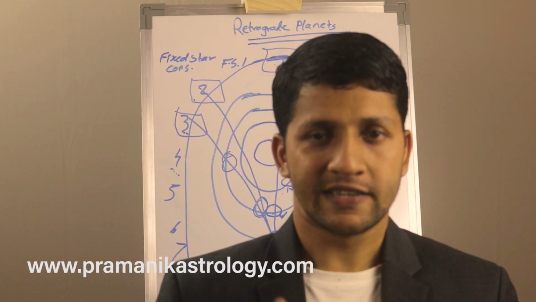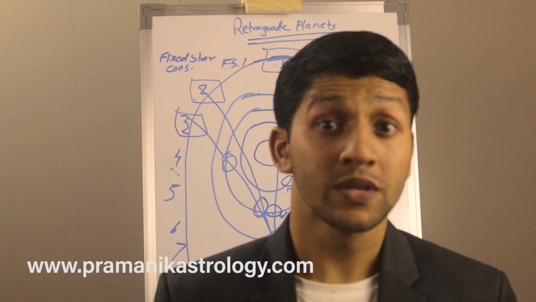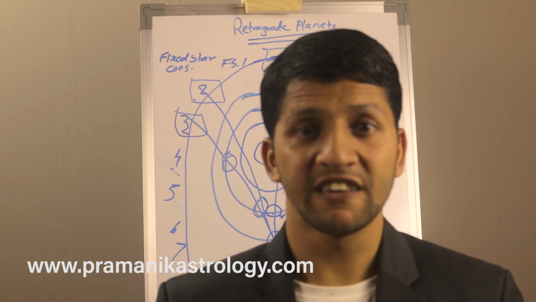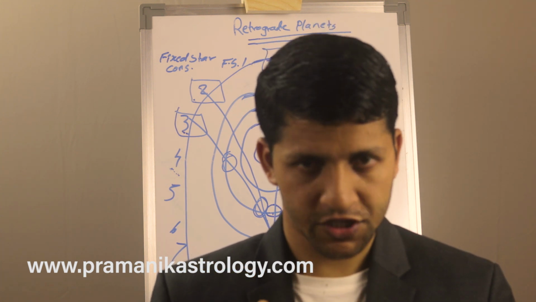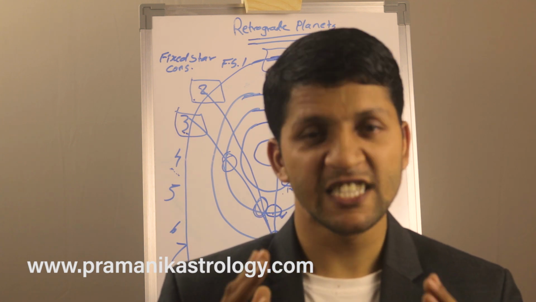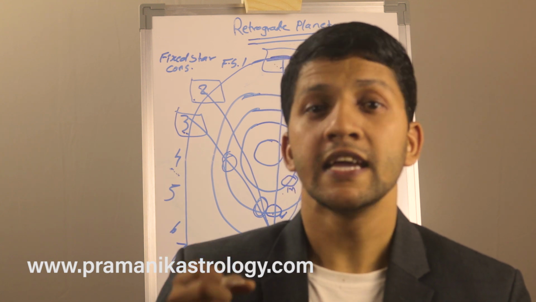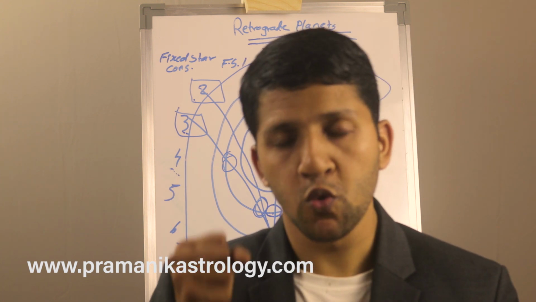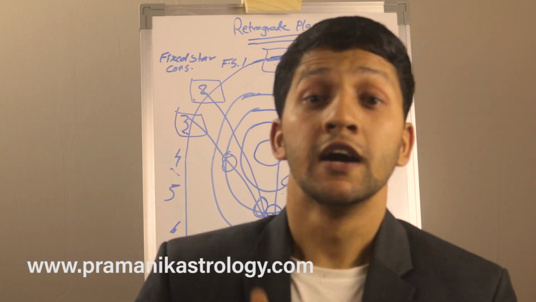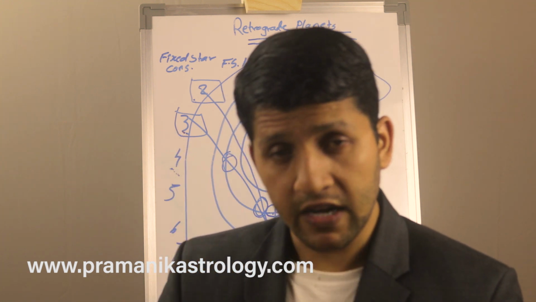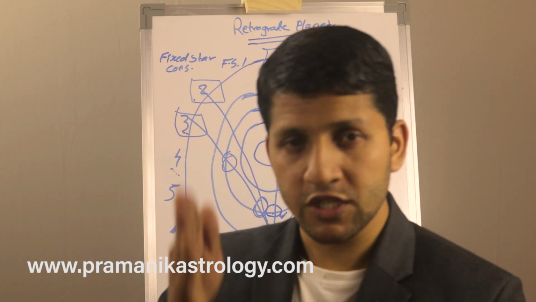What will happen? The 10th house will have maximum effect of the retrogression. Wherever the Vakri planet is placed, the house wherein the Vakri planet is placed is influenced and affected mostly by the retrograde planets. The house where the Vakri planet is placed is influenced most.